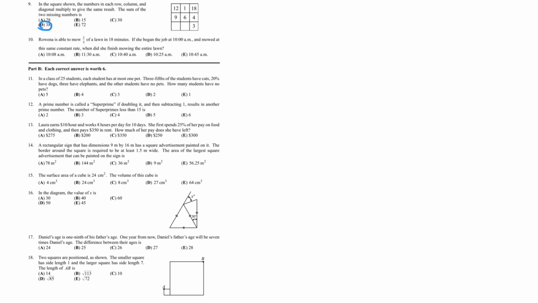Number 10, Rowena is able to mow 2/5 of a lawn in 18 minutes. If she began the job at 10 a.m. and mowed at this same constant rate, when did she finish mowing the entire lawn?